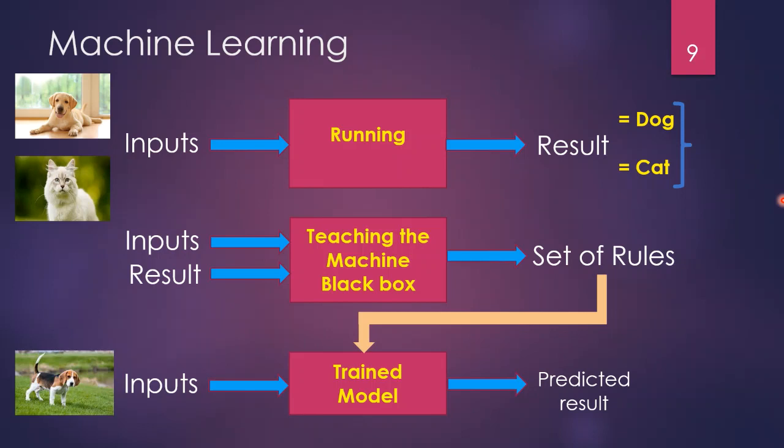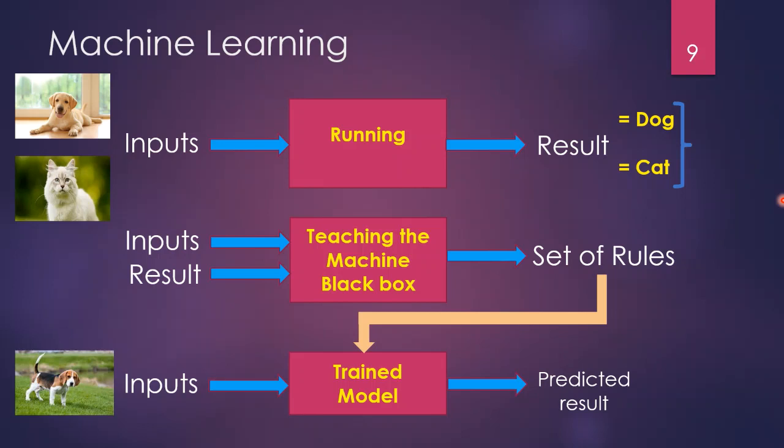If I show you a picture from the front, from the back side, from the side facing, from any side, and ask you to tell me exactly, is it a dog or a cat, you can easily answer that.